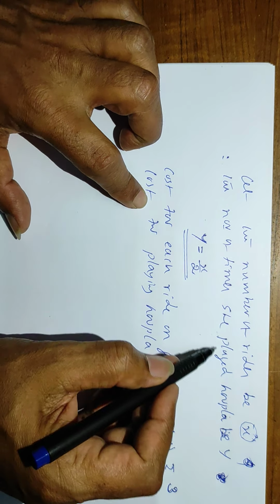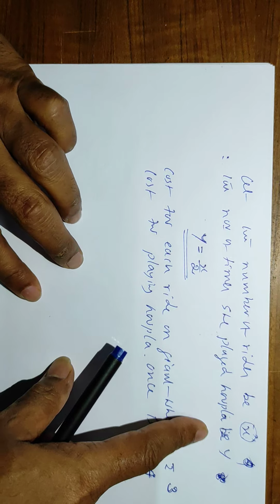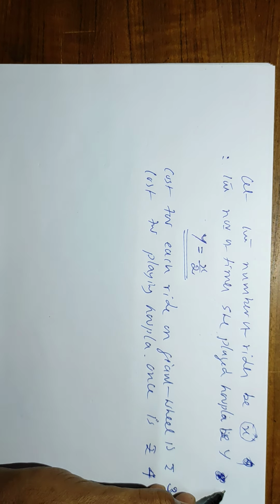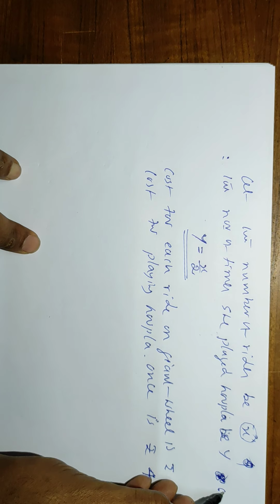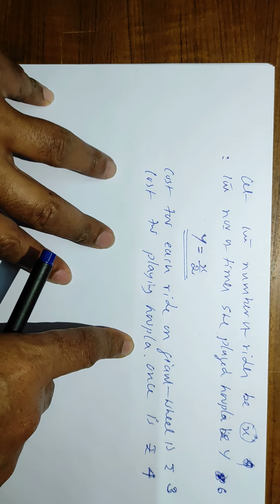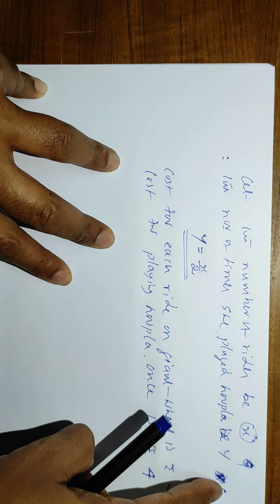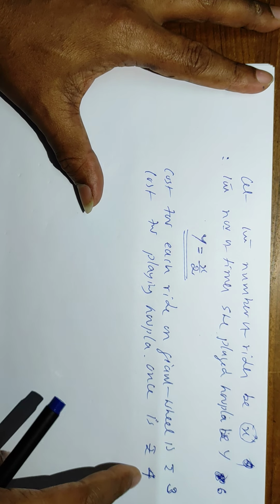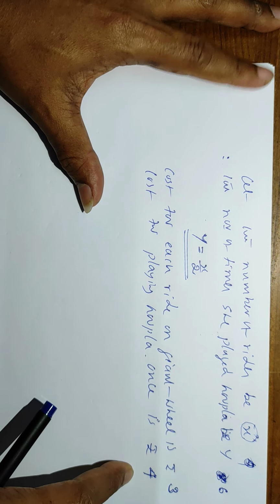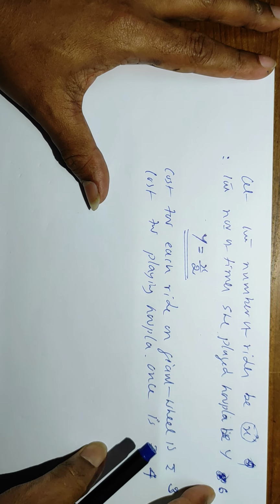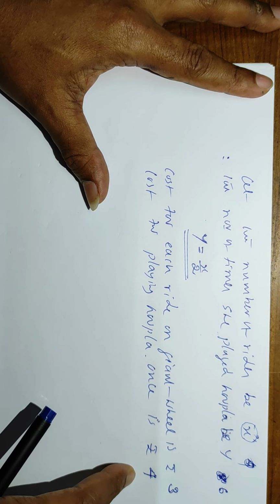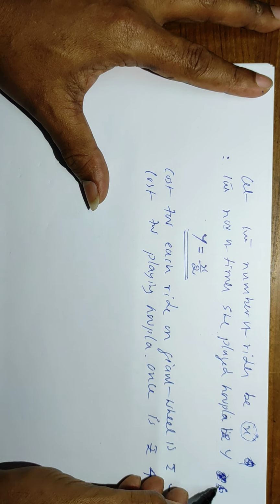Similarly, if she played hoopla 6 times, how much she has to spend on hoopla? 6 into 4, because to play hoopla once she has to spend rupees 4. To play that game for 6 times she has to pay 6 into 4, that is 24 rupees.